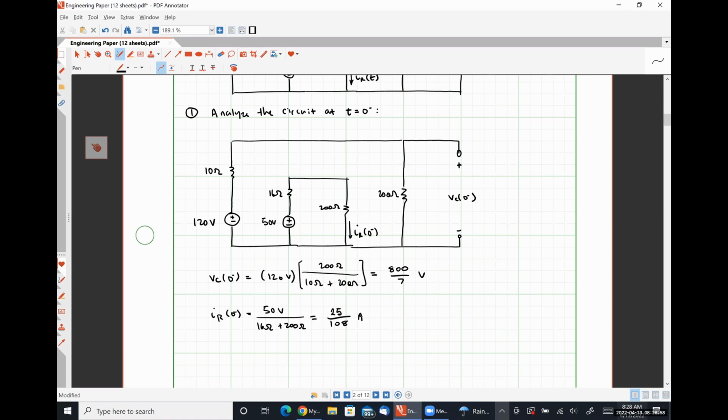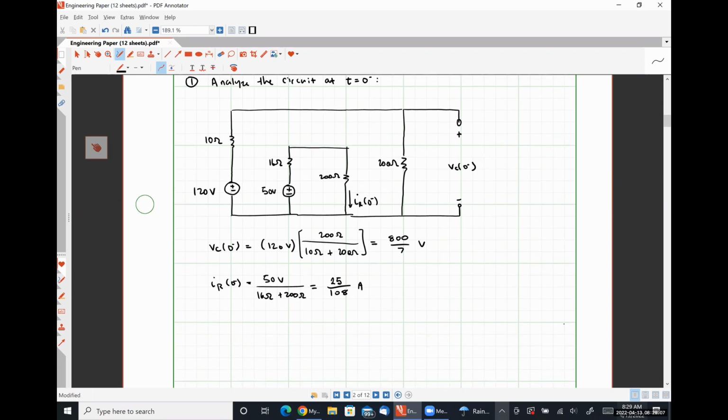Are you okay with moving on to what's happening at t is equal to 0 plus? All right. T is equal to 0 plus, so let's write this down explicitly. Step 2 is to analyze the circuit at t is equal to 0 plus.